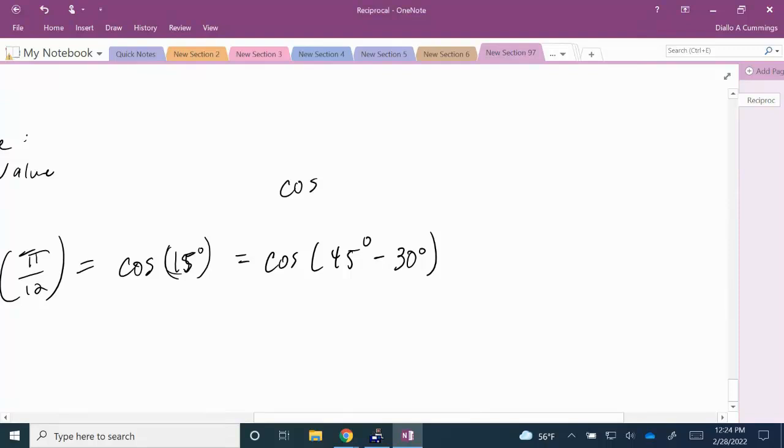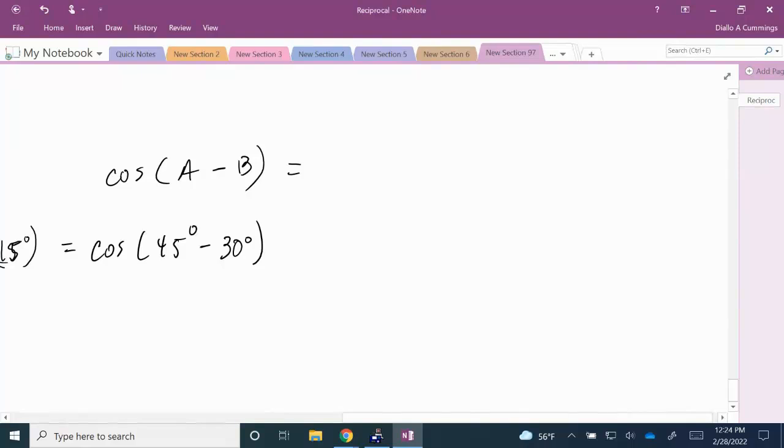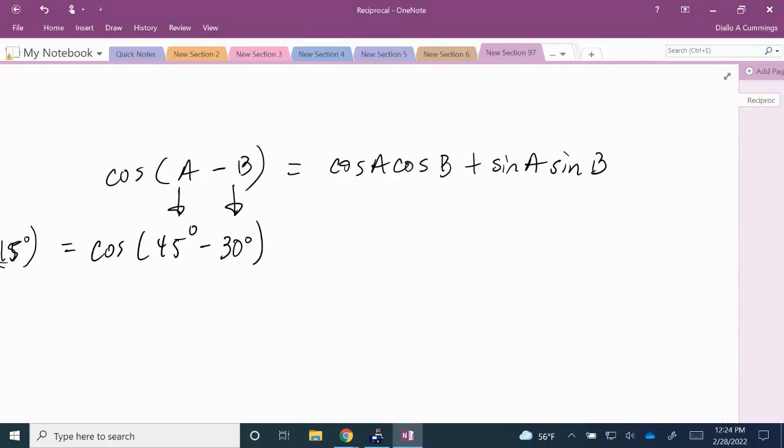So the formula says that the cosine of A minus B is equal to cosine A times cosine B plus sine A times sine B. So in this formula, we're going to substitute A for 45 degrees, and we're going to substitute B for 30 degrees.